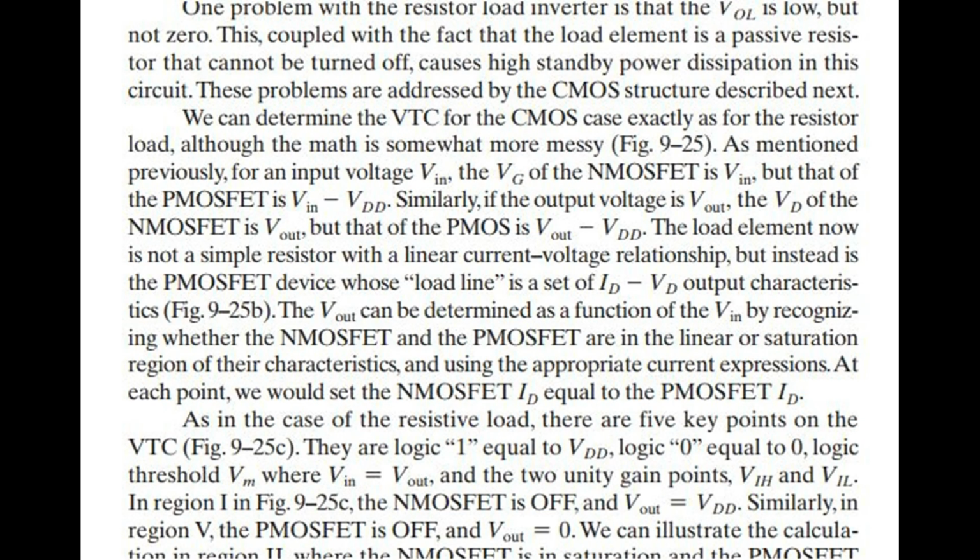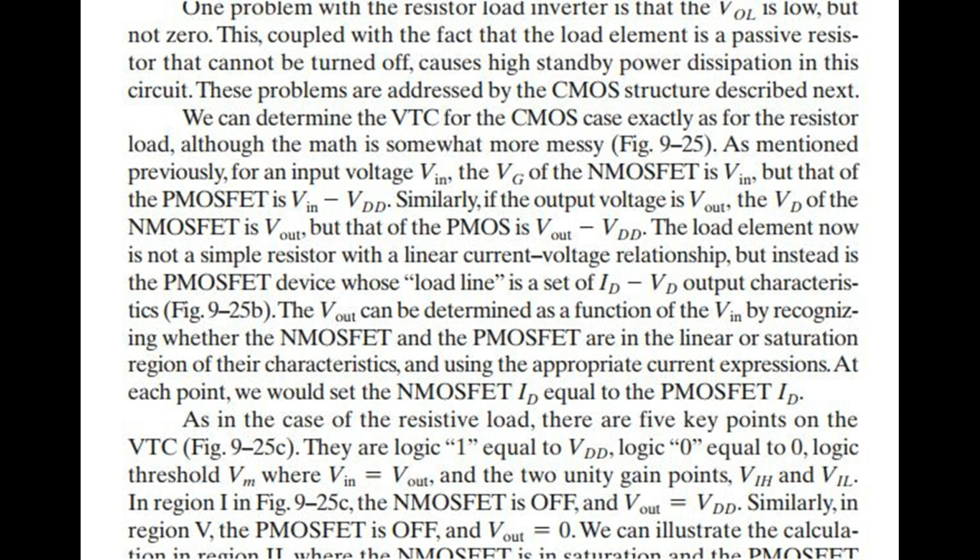We can determine the VTC for the CMOS case exactly as for the resistor load, although the math is somewhat more messy, Fig 9.25. As mentioned previously, for an input voltage VIN, the VG of the N-channel MOSFET is VIN, but that of the P-channel MOSFET is VIN - VDD.